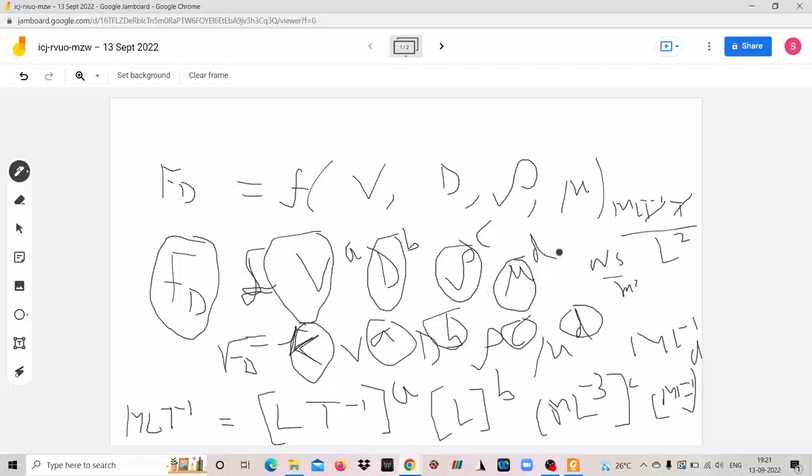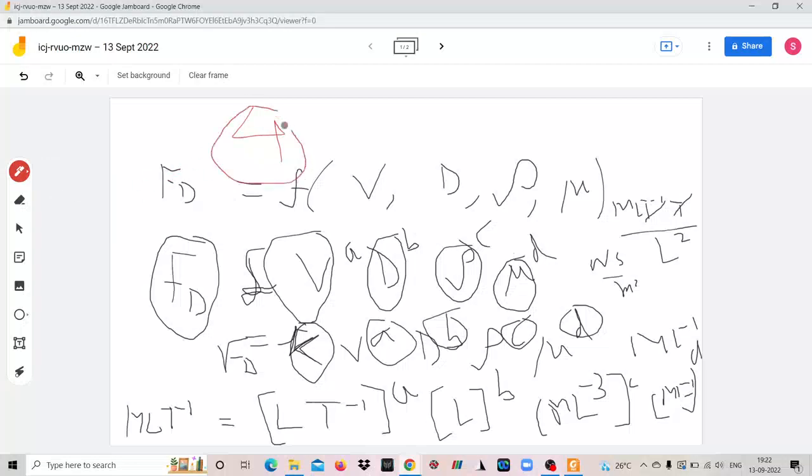A, B, C, D. So basically there are 4 unknowns, and to obtain the value of these 4 unknowns in a determinate form, how many equations do you require? Anyone? There are 4 unknowns, so we require four equations.